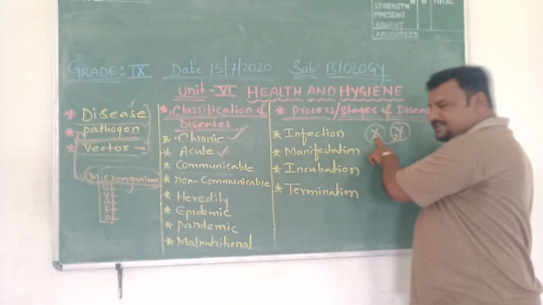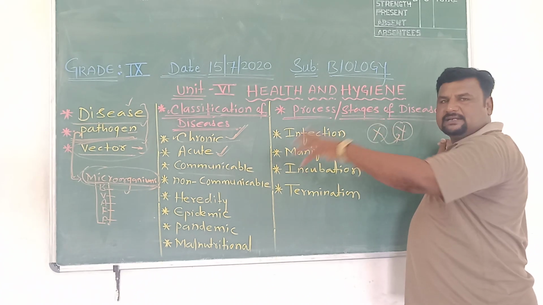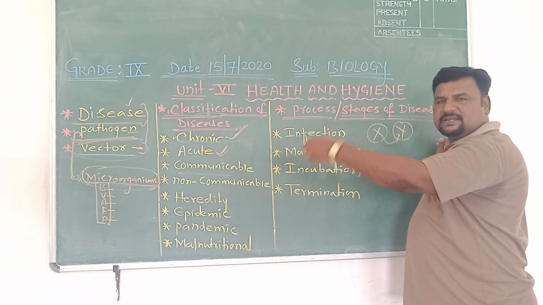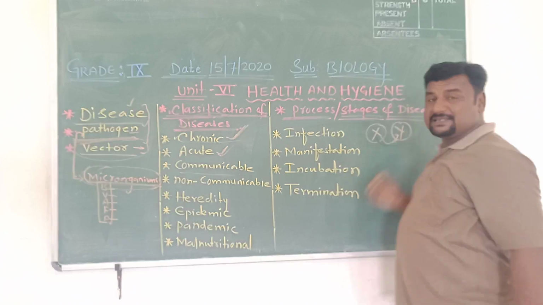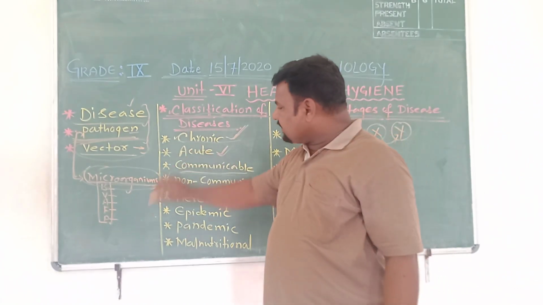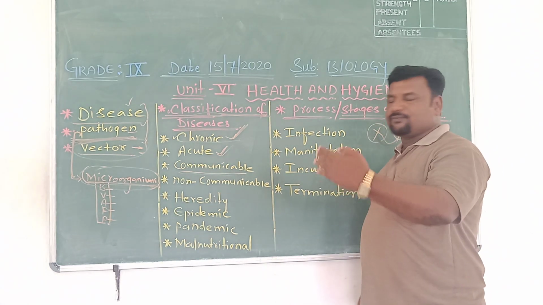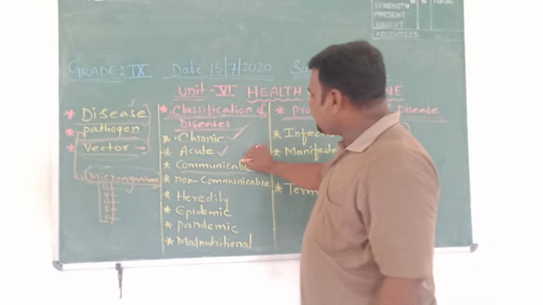Then the disease is transmitted easily by direct contact, physical touching, use of syringes, needles, sharing food, hugging, touching, etc. Such diseases are called communicable diseases.